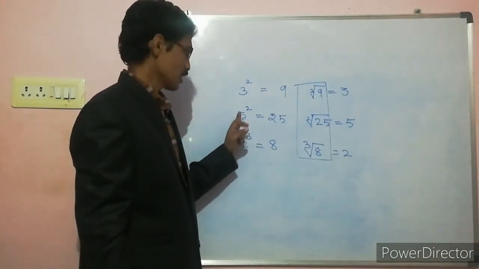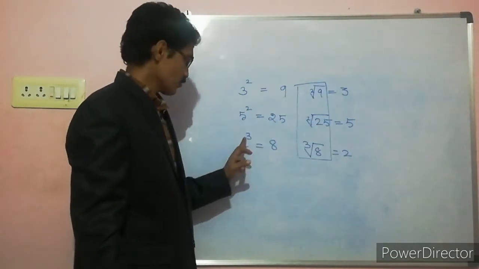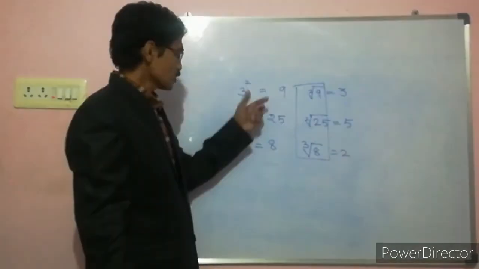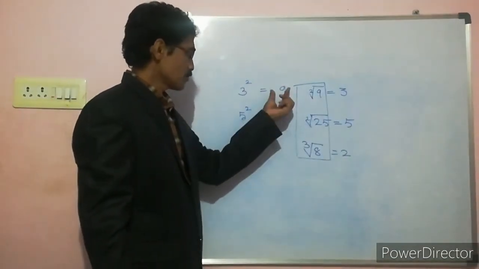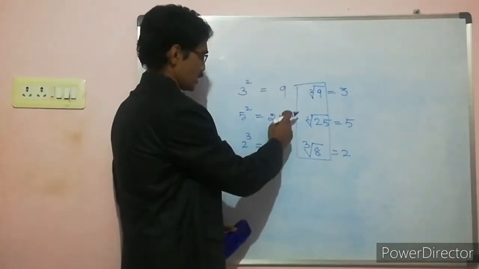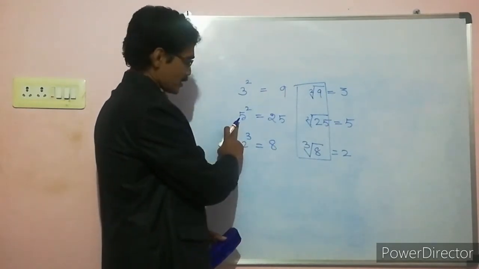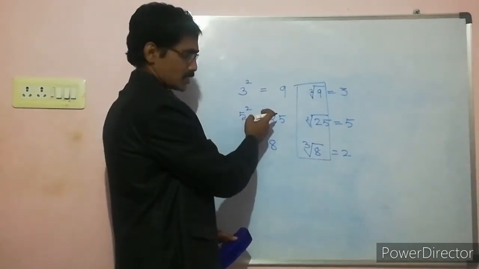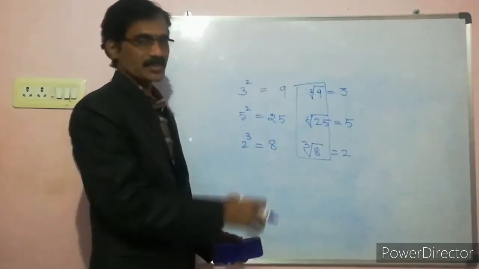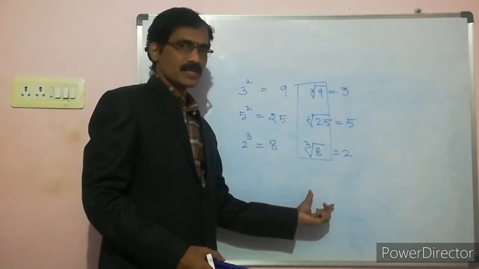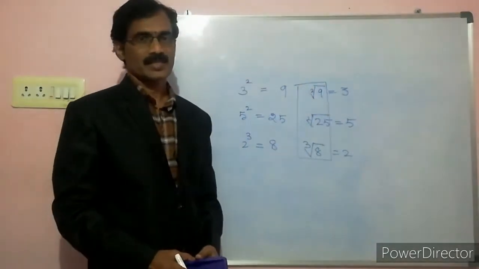Means if you multiply 5 two times you will get 25. If you multiply 2 three times you will get 8. So if you write any number in the form of another number's square or another number's cube, then those are rational numbers.